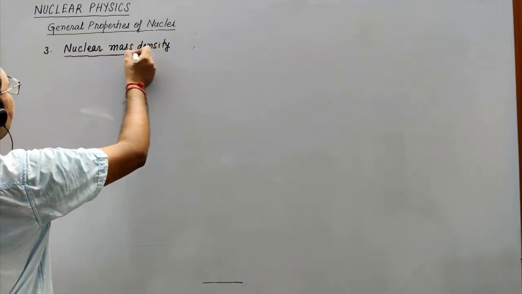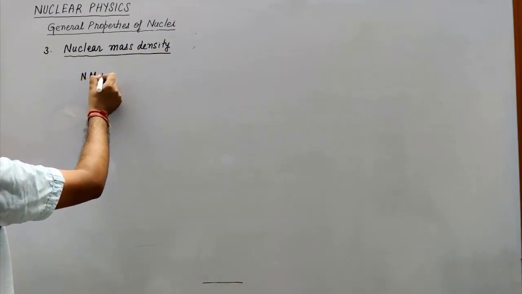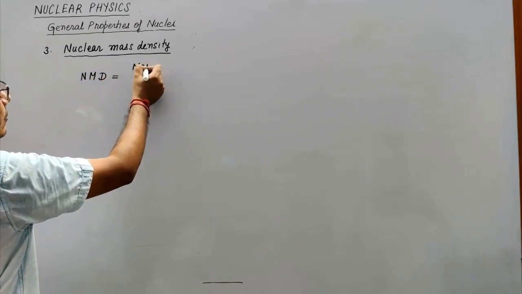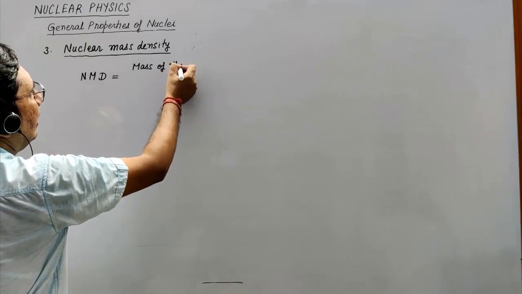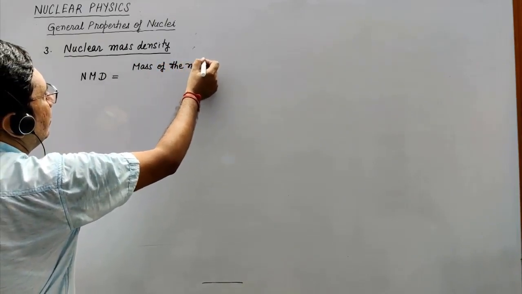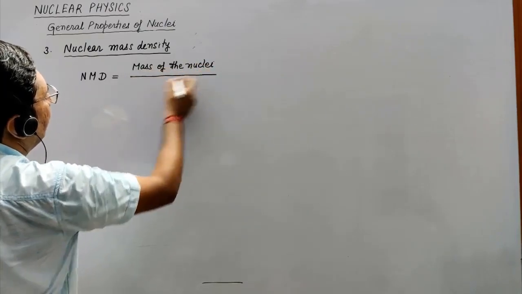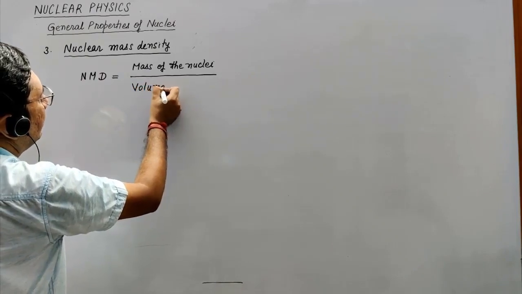What is nuclear mass density? Here, this is equal to mass of the nuclei divided by volume of the nuclei.